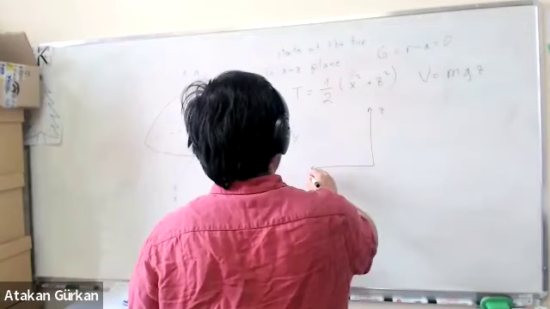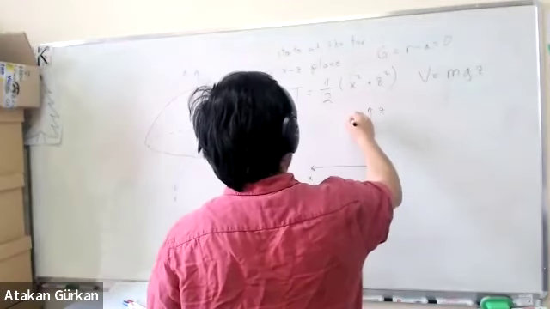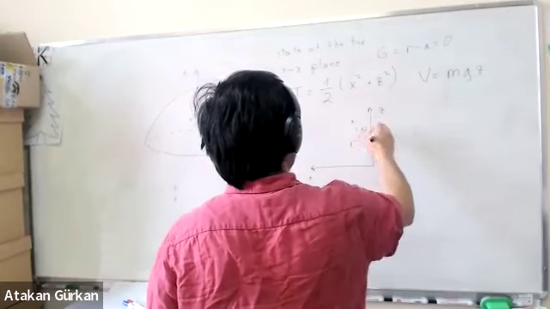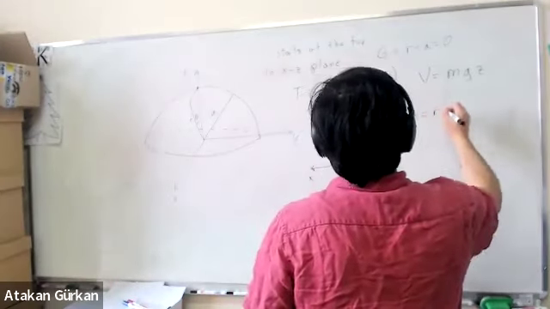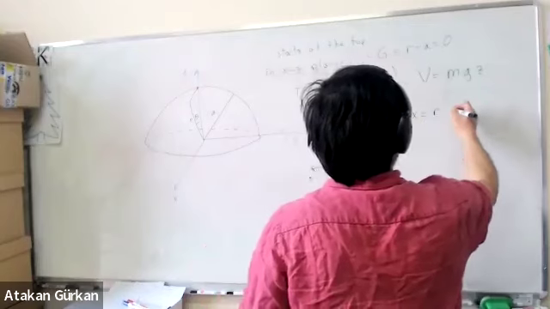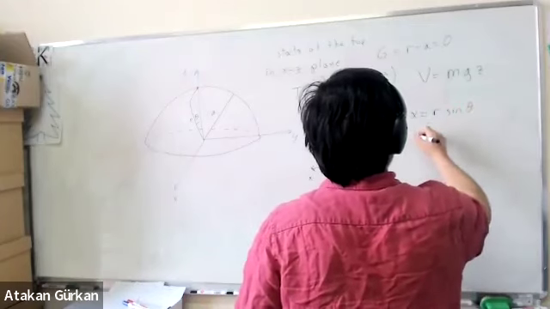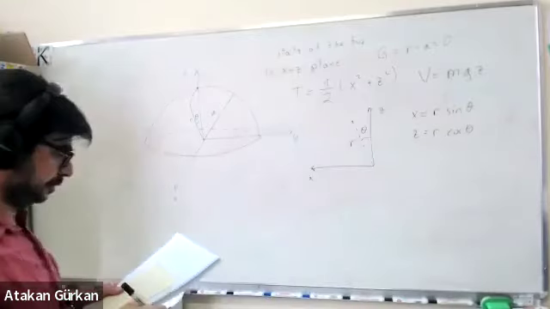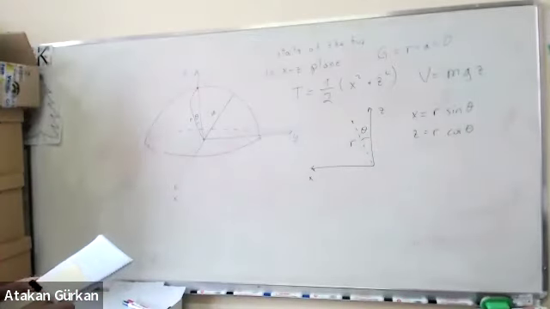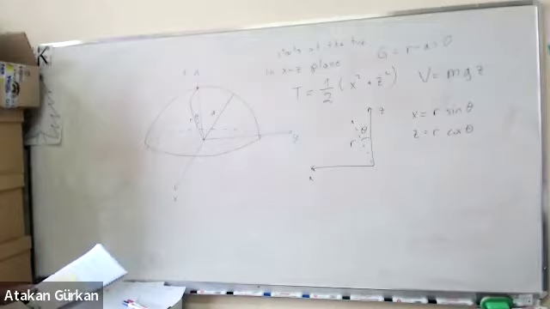Z and X. So this is R, this is theta, but X is going to be R times the opposite one, sine theta. Z is going to be R cosine theta. Okay. And I can, of course, invert these, but I don't need to.